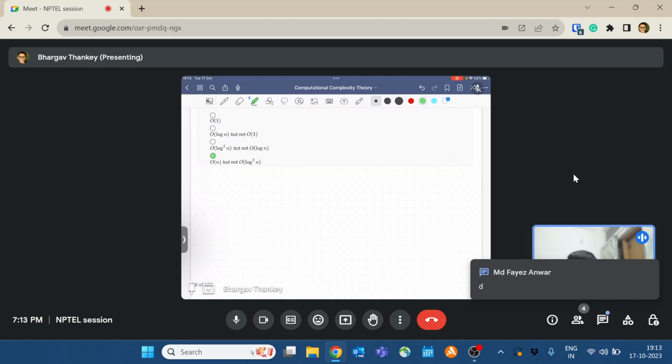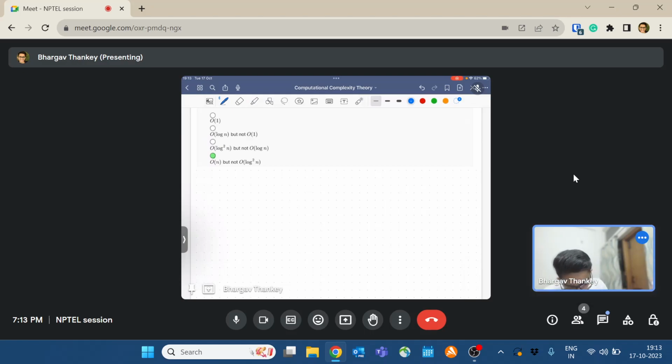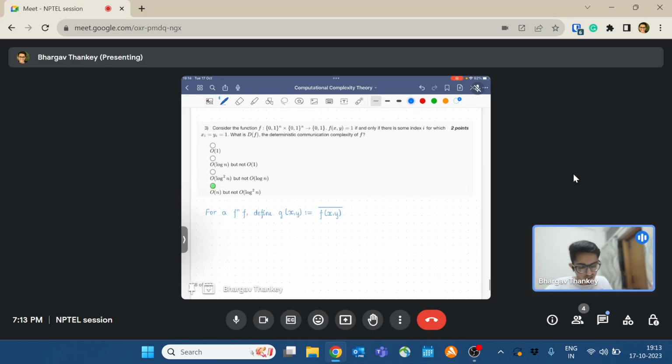And the proof is relatively straightforward. So for a function f, define g to be, for every x, y, g(x, y) is the complement of f(x, y). So in particular, g is also a function like this.